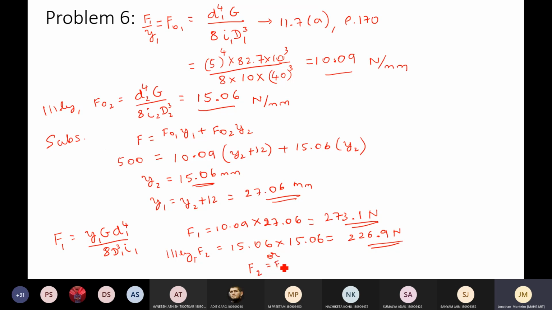F2 should be equal to F minus F1. Both will give the same value. 500 minus 273.1 will be 226.9. You need not go back to the same equation. You can do it like this also. But this condition is true only when the load is totally shared by two springs only, with no other mechanism or spring in between.